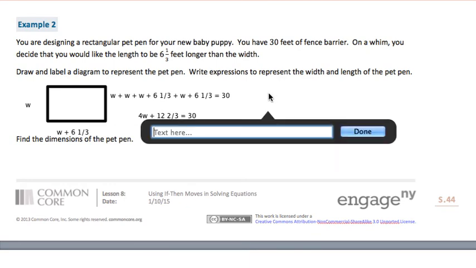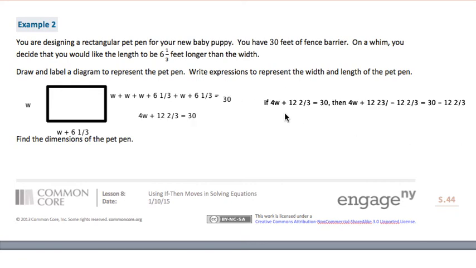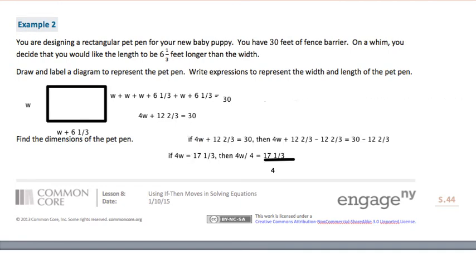Now, using if-then statements, if 4W plus 12 2/3 equals 30, then 4W plus 12 2/3 minus 12 2/3 equals 30 minus 12 2/3.